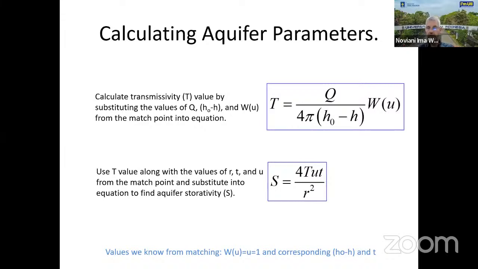Many young hydrologists go out in the field and run these tests. They're basically spending time in the field measuring drawdown and reporting the time. And then they go back to the office and do exactly what I showed you, plotting the data, matching it with the Theis type curve, and then calculate the aquifer parameters, transmissivity, storativity, and so on and so on.